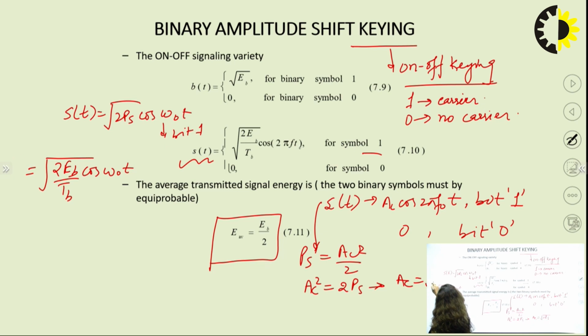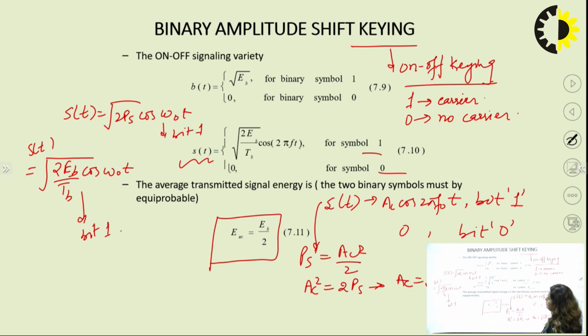So this is your s(t) for bit 1, and similarly for symbol 0 it is 0.